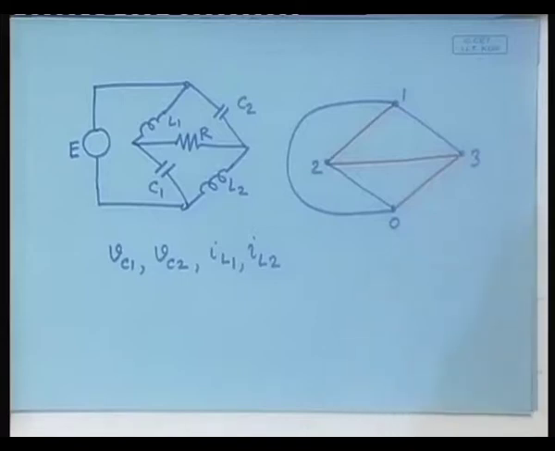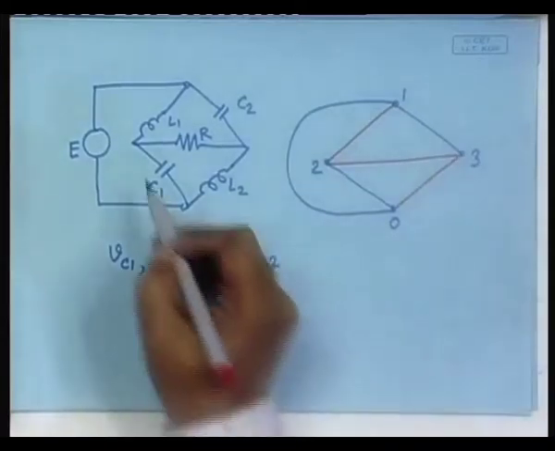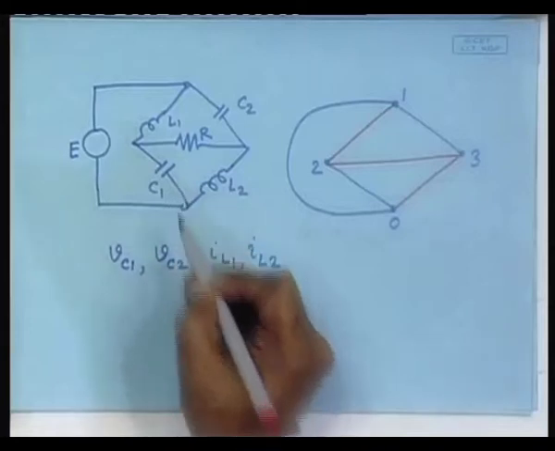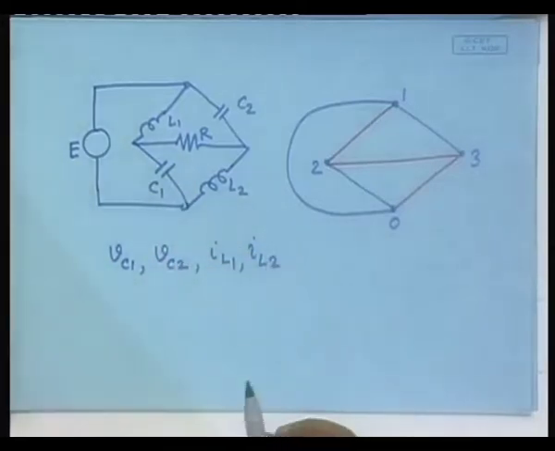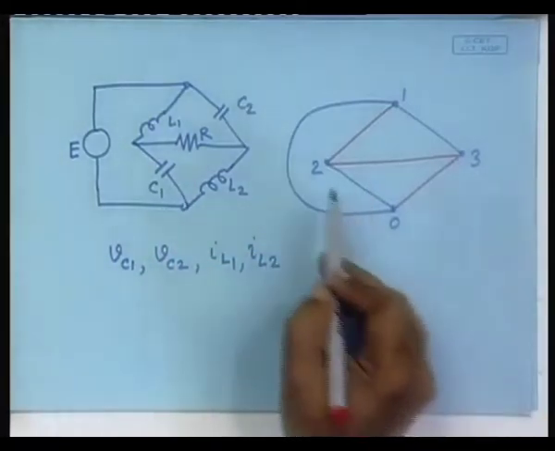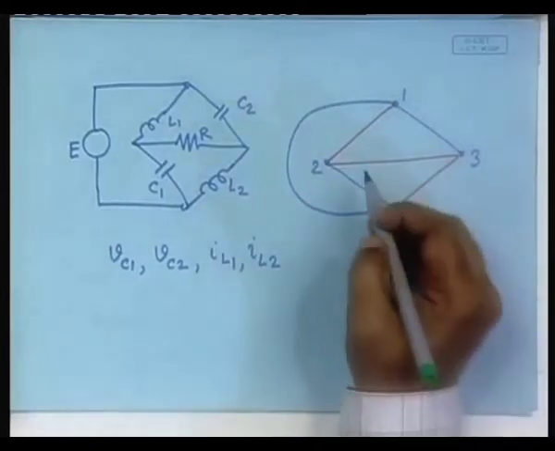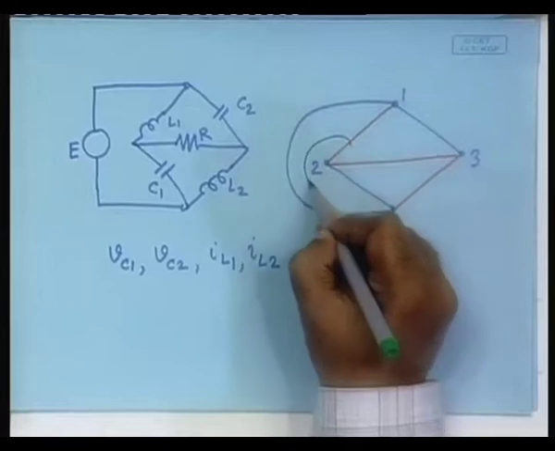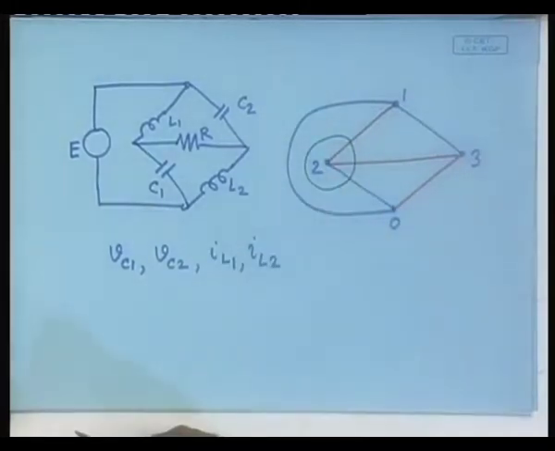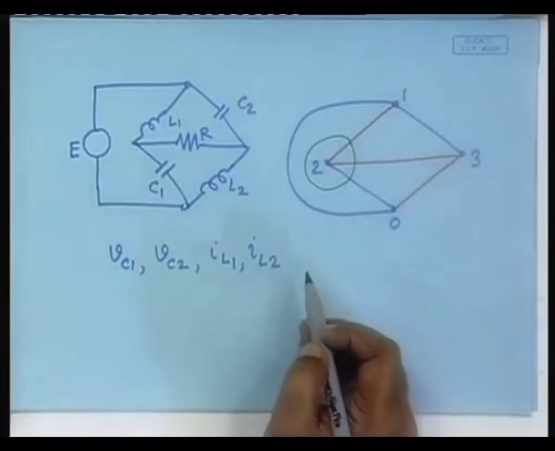Suppose we want to find out the capacitor voltage for VC1. We have to identify the cut set that contains the C1 branch. It is simple. So, immediately you write down the equation.